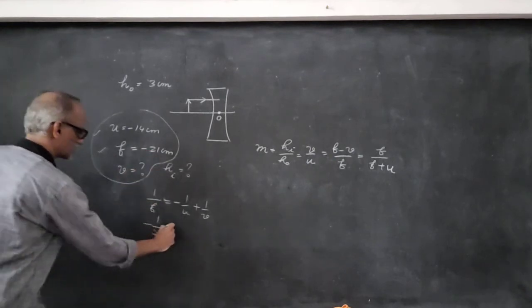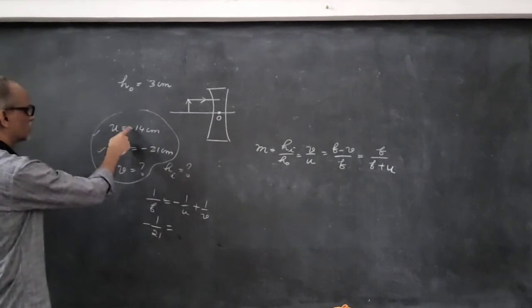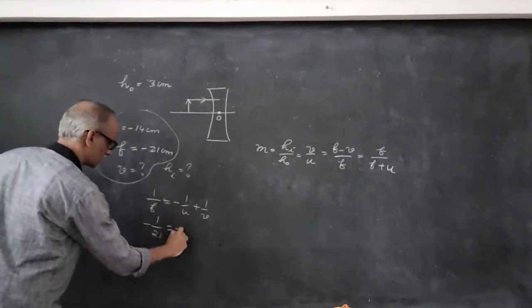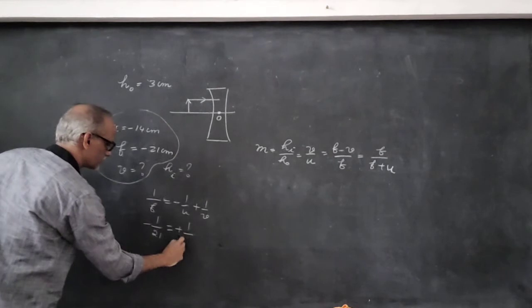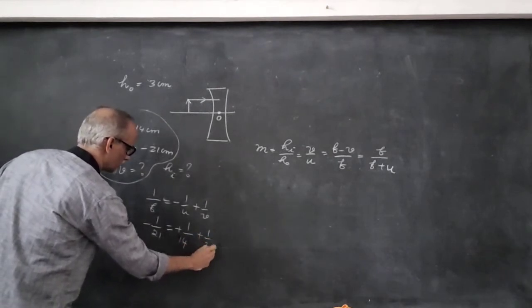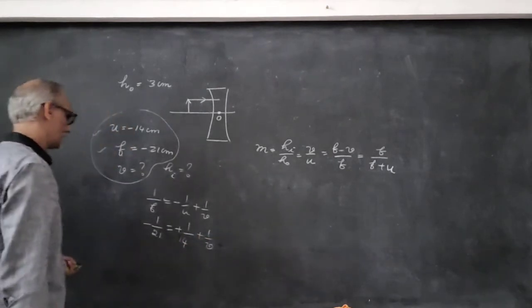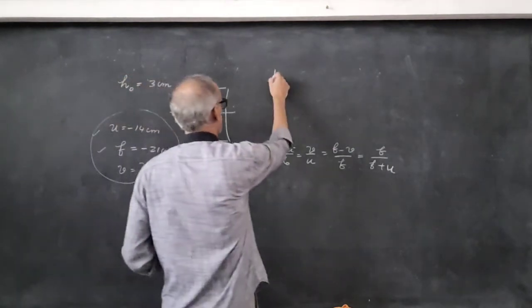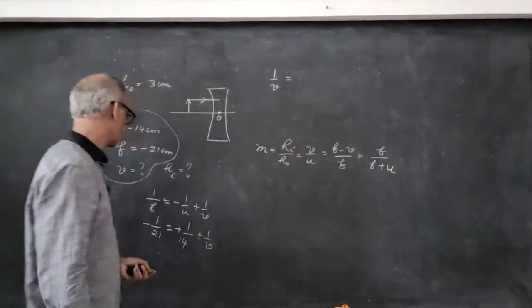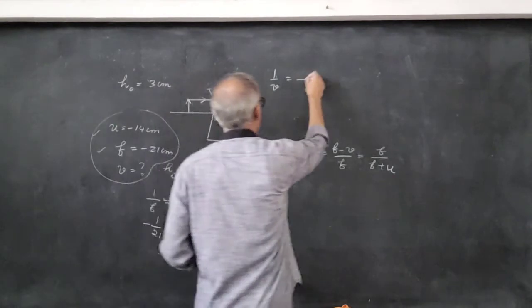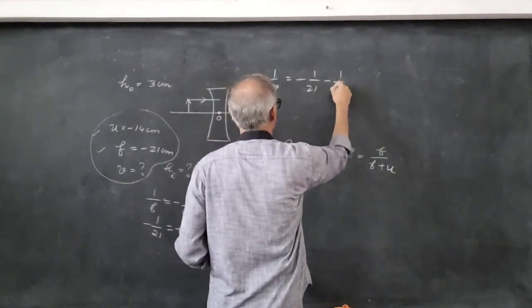That is why it is minus here, and u is also minus, so minus of minus becomes a plus. So, plus 1 by 14 is equal to 1 by v, and to simplify that I will retain 1 by v. So, 1 by v is equal to minus 1 by 21 minus 1 by 14.